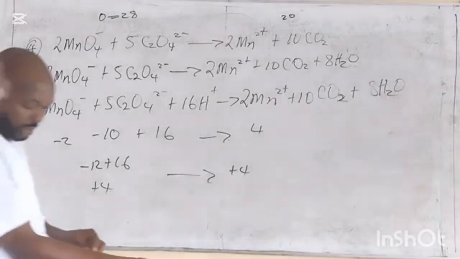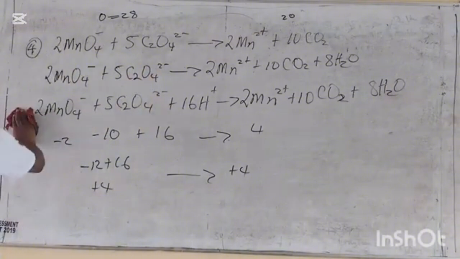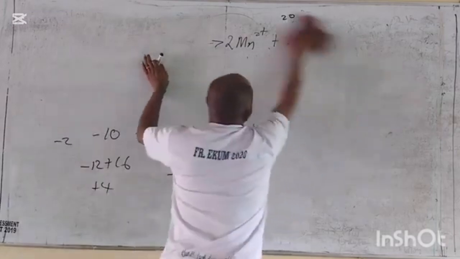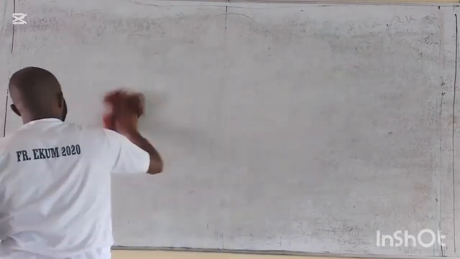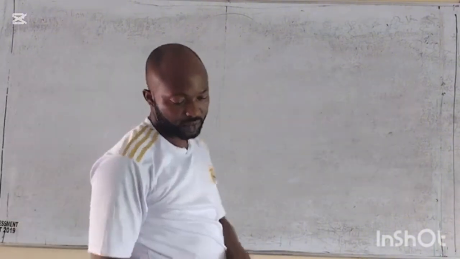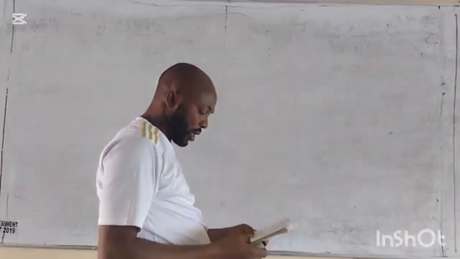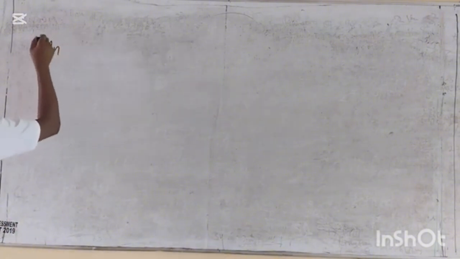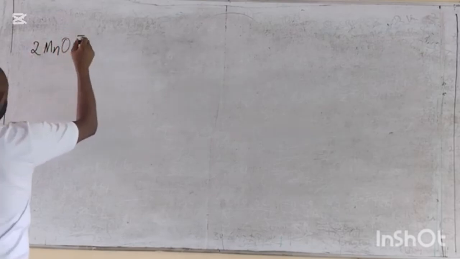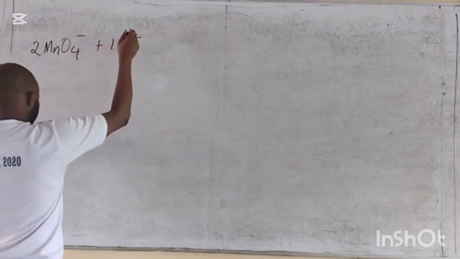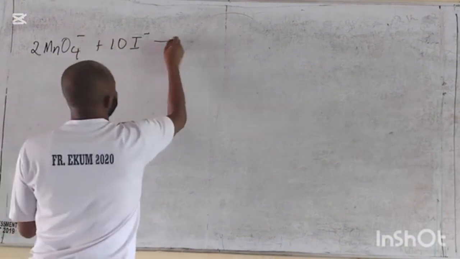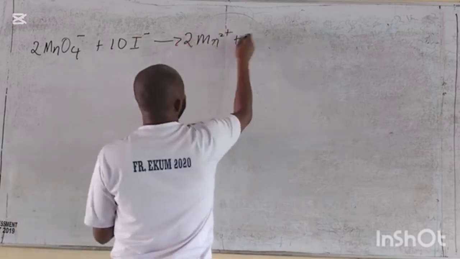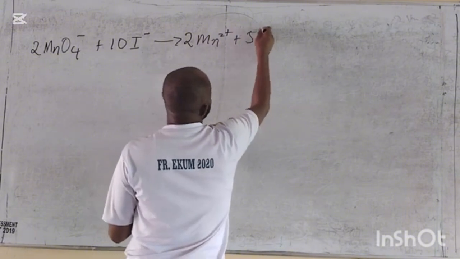Let's move to another question, the fifth question. Let's take this: 2 MnO4 minus plus 10 iodine minus give us 2 Mn 2 plus, 5 iodine molecule.